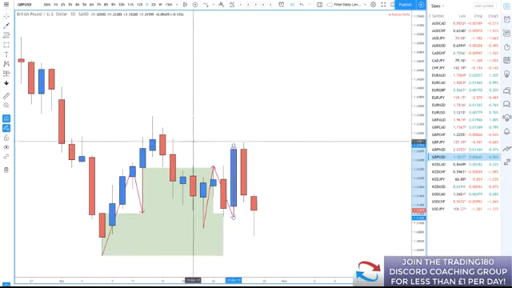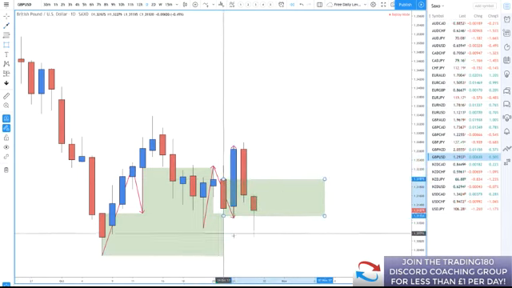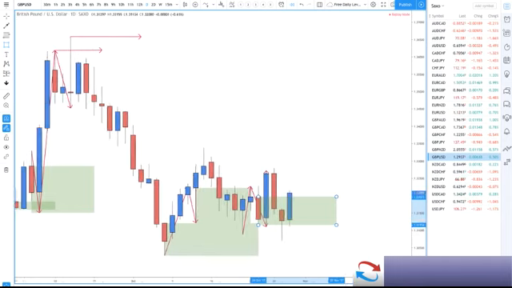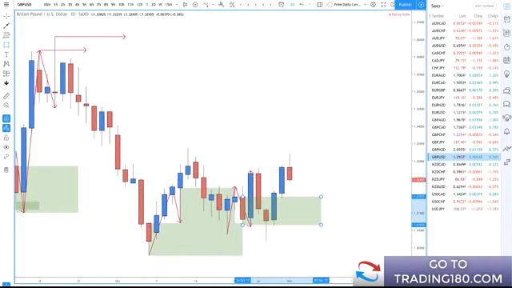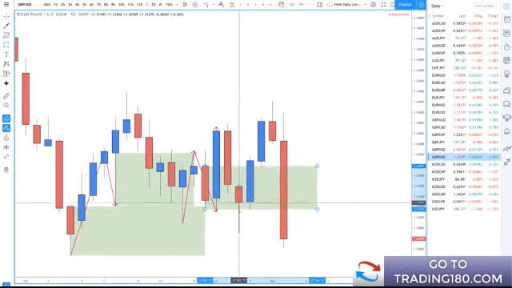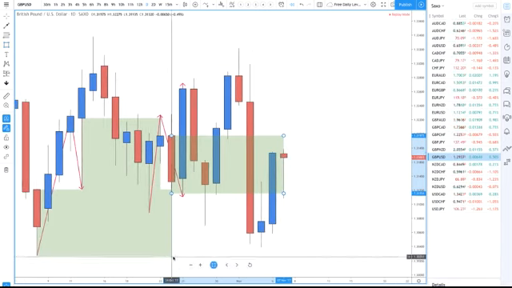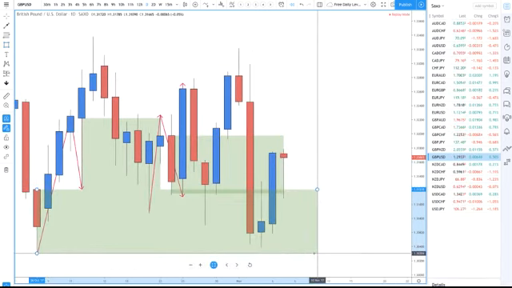So you can still draw a demand zone there. There we are. And then we end up breaking through, coming down into this lower demand zone here.